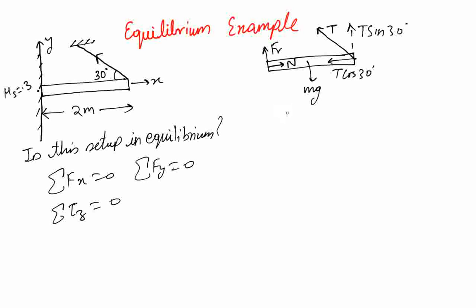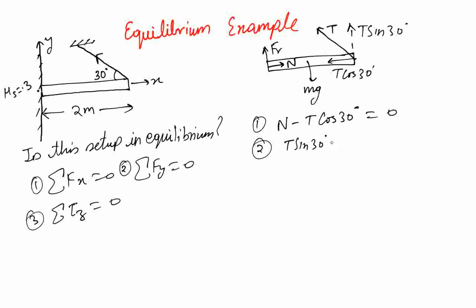We already have defined our x-axis and y-axis, so sum of Fx equals 0. Let's write that equation, which means N minus T cos 30 degrees equals 0. Let's call this 1, 2, and 3. The second turns out to be T sine 30 degrees plus Fr minus mg equals 0.